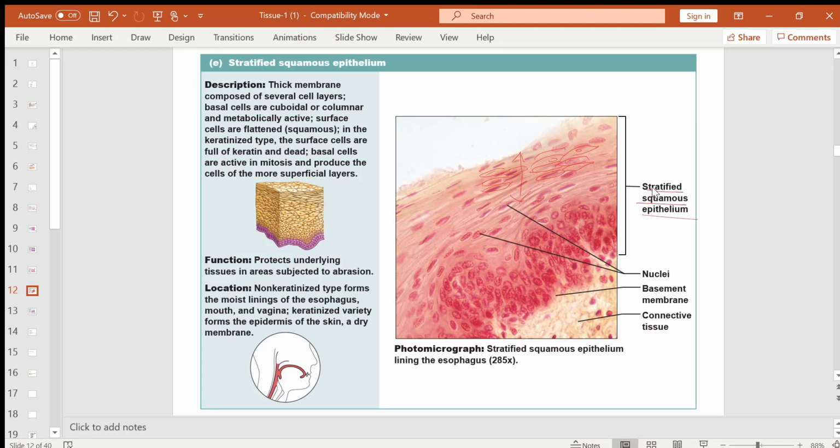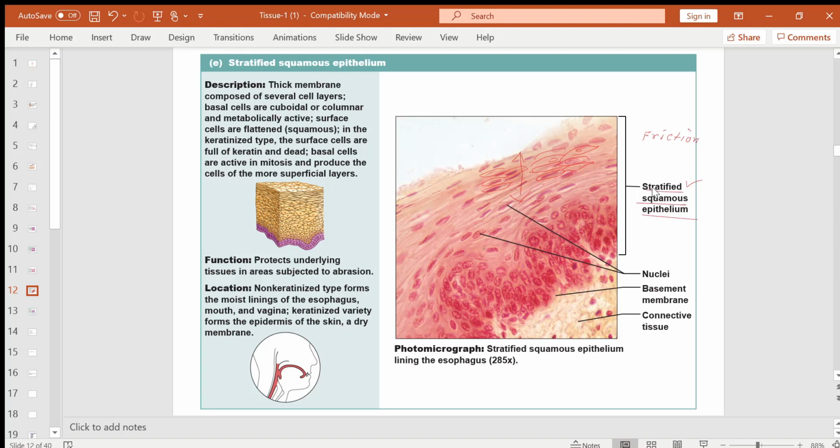One thing you just remember, which is important, where you find the stratified squamous epithelium, in those areas the chance of getting friction is high.